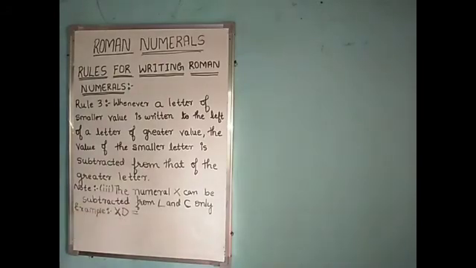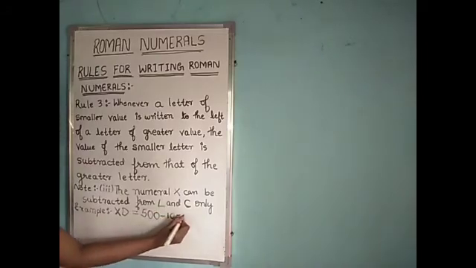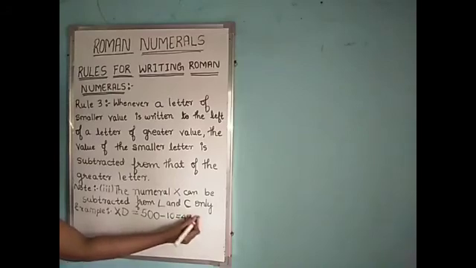What is the numeric value of D? The numeric value of D is 500 and the numeric value of X is 10. So we have to subtract 10 from 500. 500 minus 10, the answer is 490. But it is wrong.